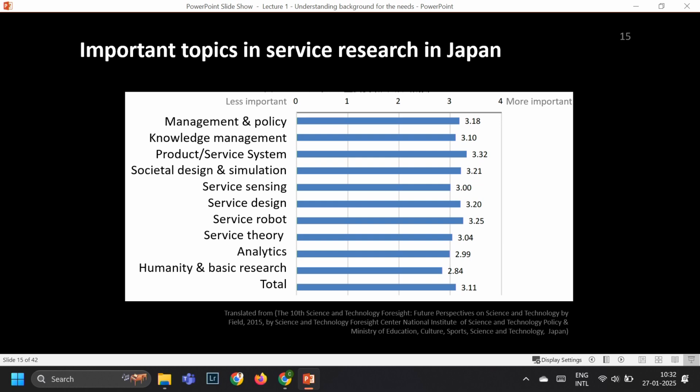Among those various types of service research, this graph shows what are more important research topics within the vast area of services. And the result indicates that PSS received the most recognition as an important topic.